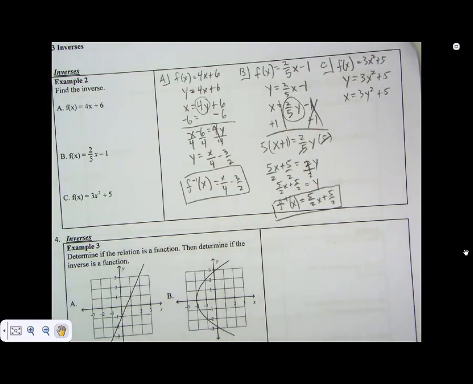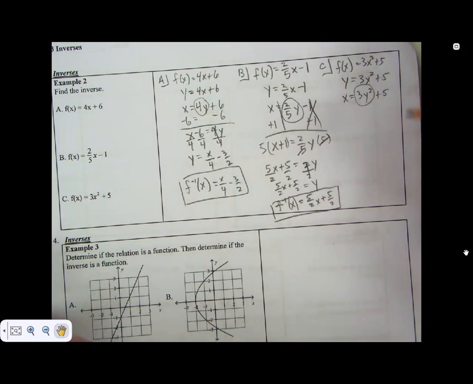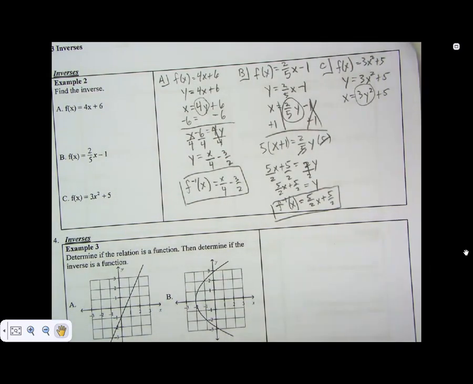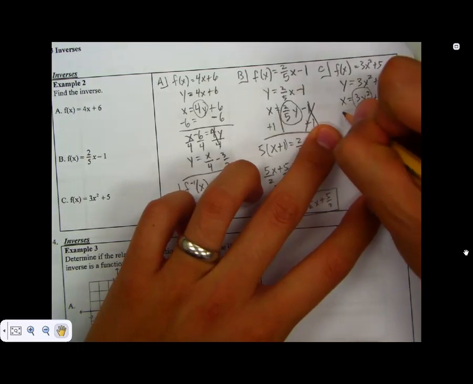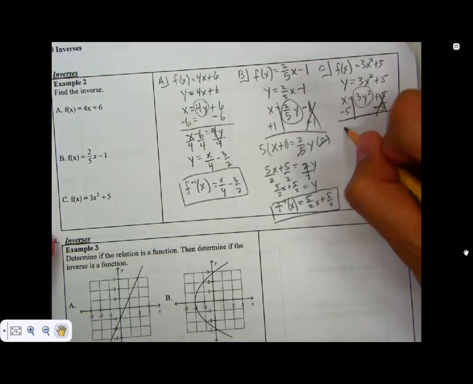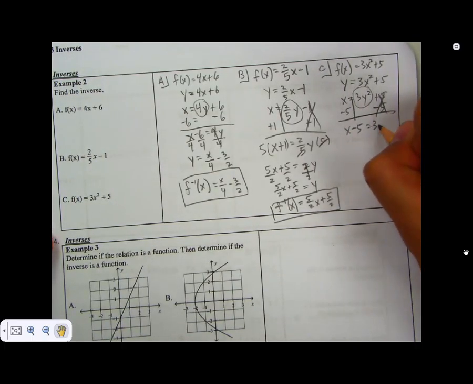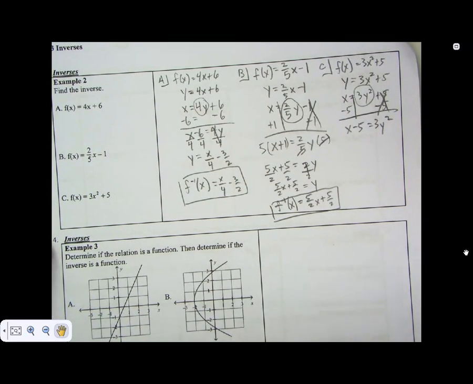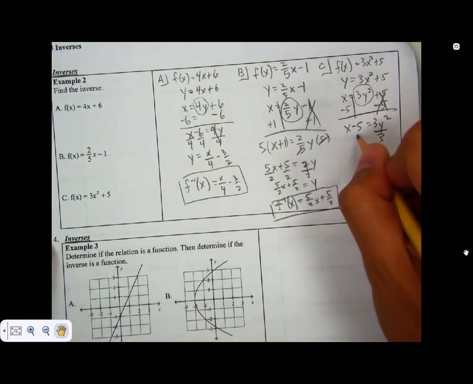After I switch the x and y, since it's a function, I need to solve for y. So here's my y. To get rid of plus 5, you subtract 5. Can't combine, x minus 5, so write it separately. To get rid of multiplication, divide by 3.